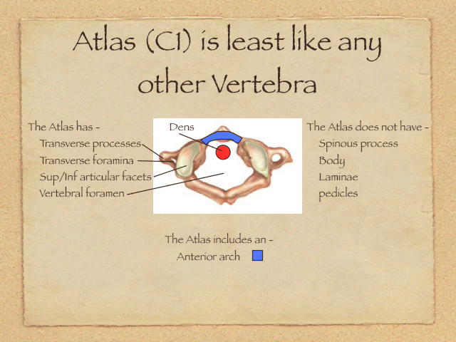You can see it's the shorter one of the two. That's how you know the anterior from the posterior on the atlas. And then there's a posterior arch of bone here that makes room for and protects the spinal cord. So you want to make sure that you know the atlas, and you want to make sure that you know the axis as very unique members of the cervical vertebra.